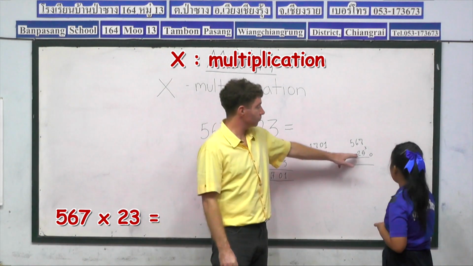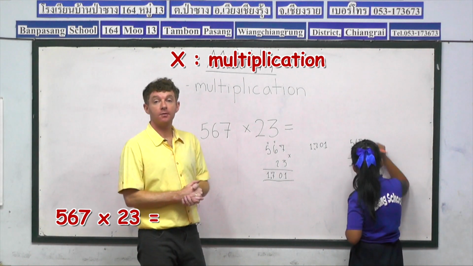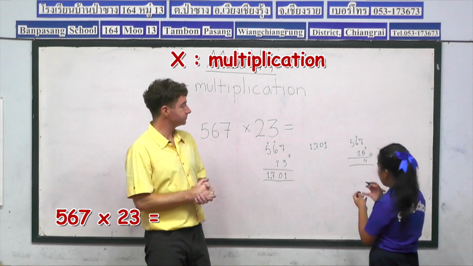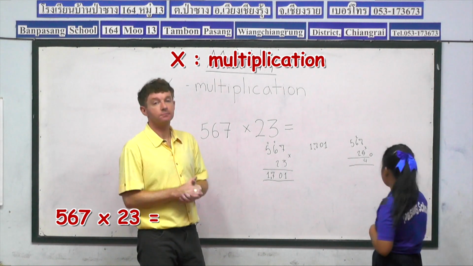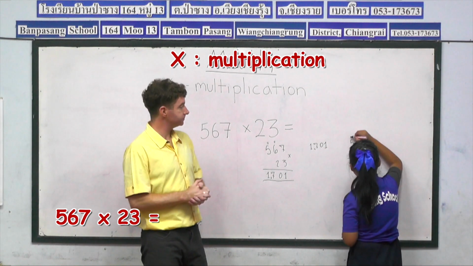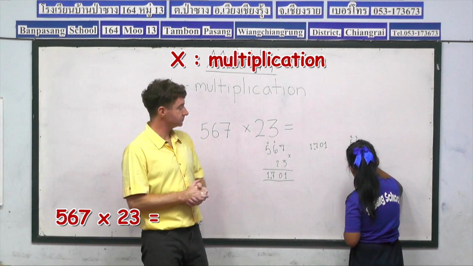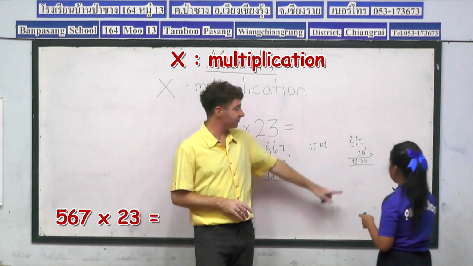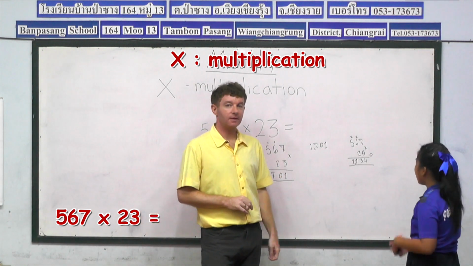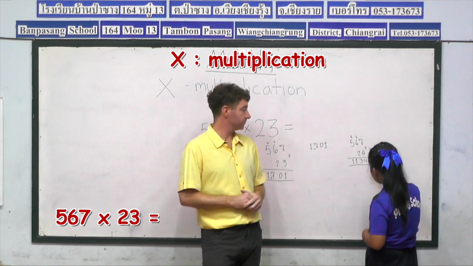So now 2 times 7, 14. 4 carry the 1. Now 2 times 6, 3 carry the 1. 2 times 5. Excellent. Now we have 1,134.